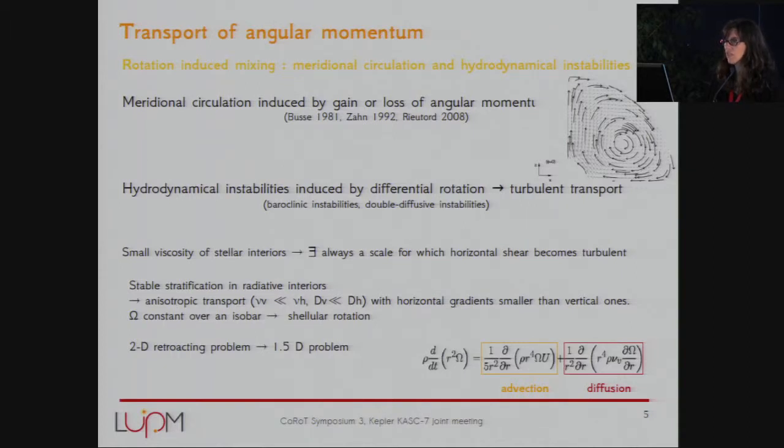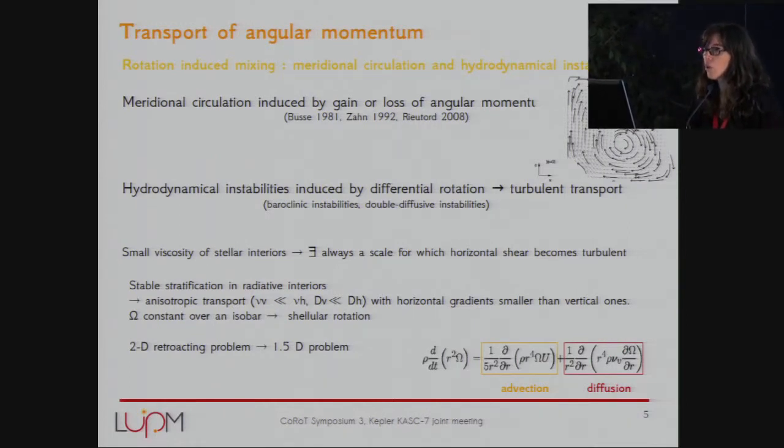by Zahn. And so this instability appears because you have small viscosity in stellar interiors. So you always have a scale to which the horizontal shear becomes turbulent. And there's a formalism that is available to us, which relies on the hypothesis of cellular rotation, meaning that you assume that you have a stable stratification in radiative interiors, which is not a very strong assumption.